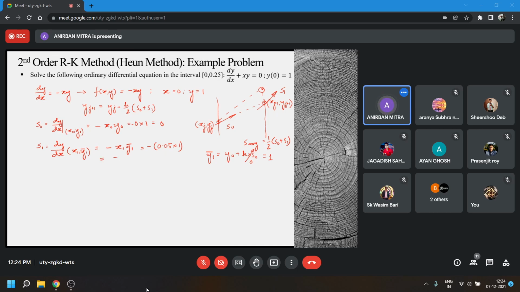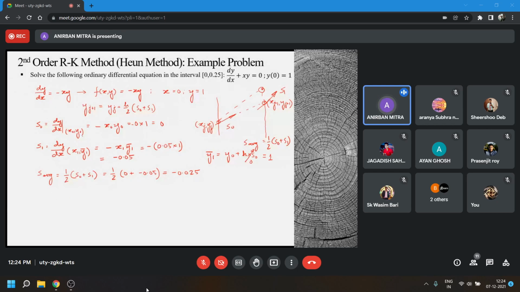So that gives us minus 0.05. The average slope is, of course, half of S0 plus S1. That is half of 0 plus minus 0.05. We get minus 0.025. That is the average slope.